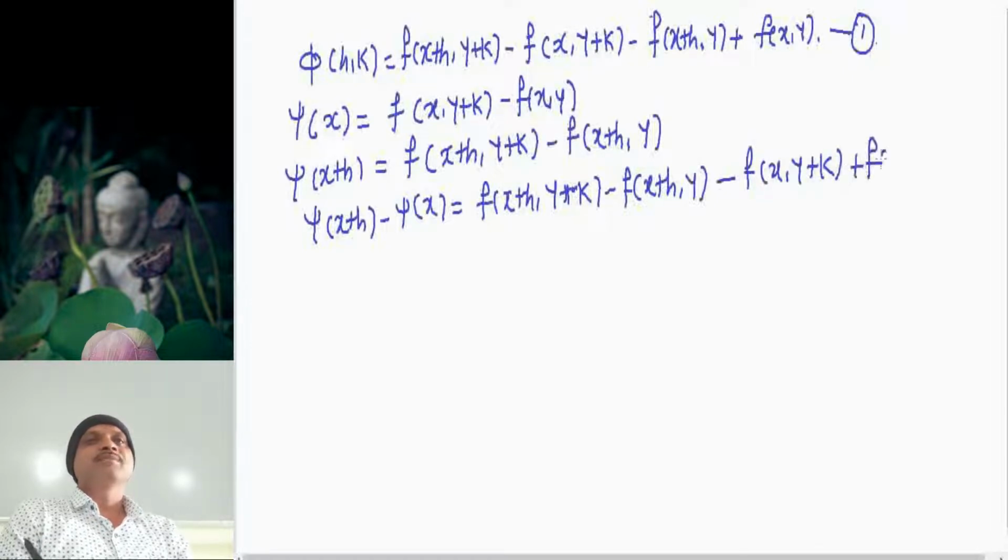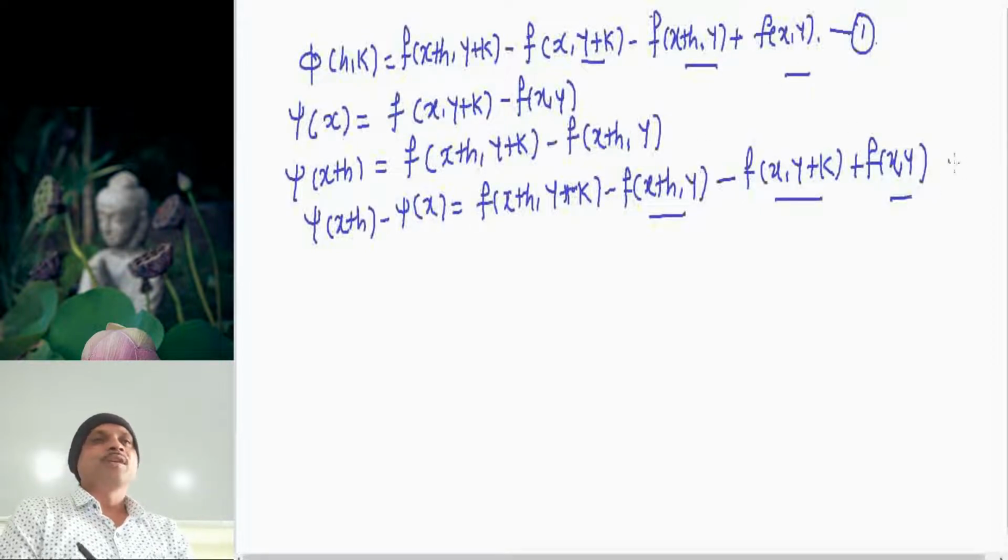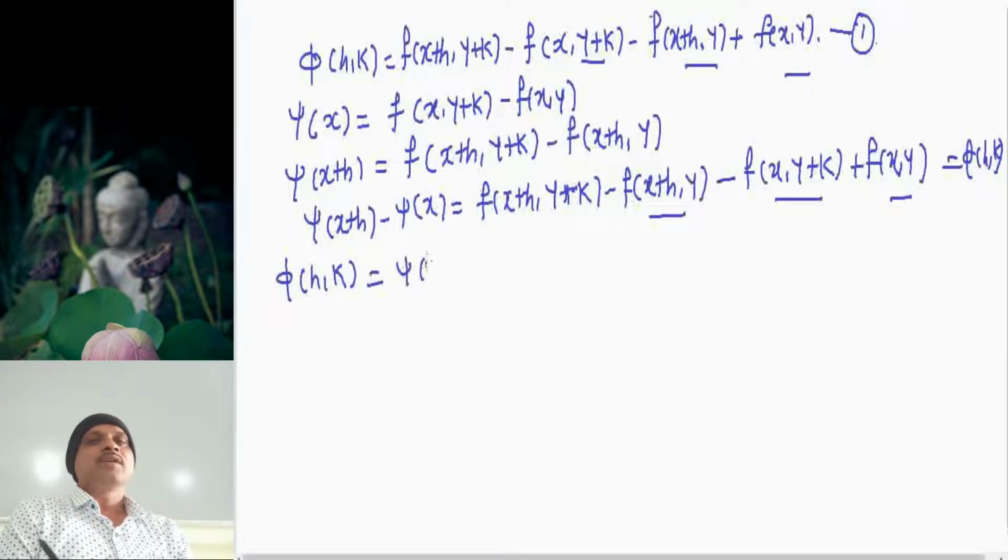So all these terms are nothing but phi(h, k). So here we get phi(h, k) equal to psi(x+h) - psi(x).